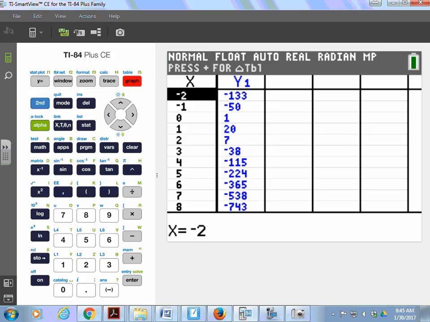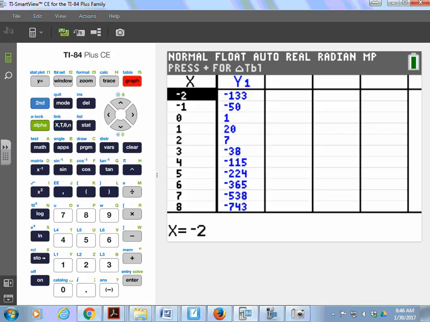Because if the y value for the vertex is at least 20, we know it's going to ring the bell. If the max is 20, it's going to ring the bell. If the max doesn't get to 20, it's not going to ring the bell. Right? So here we can see from the table that in 1 second, the thing is going to be 20 feet high. So yes, it does ring the bell. Right? Don't need to do any more than that.